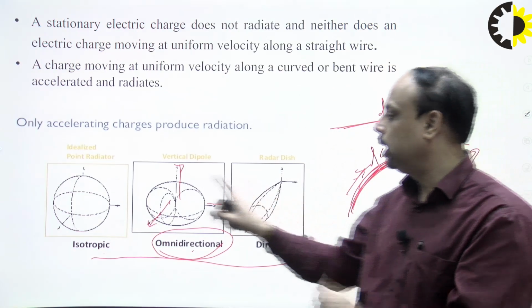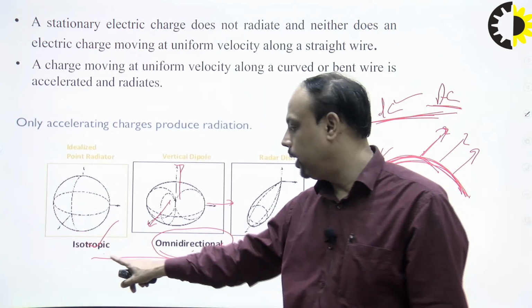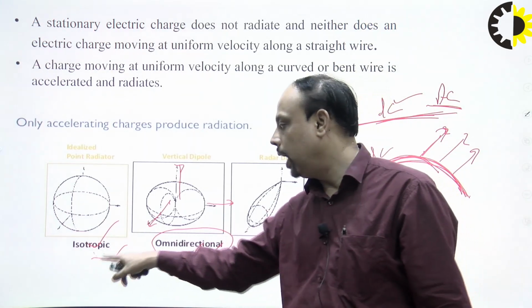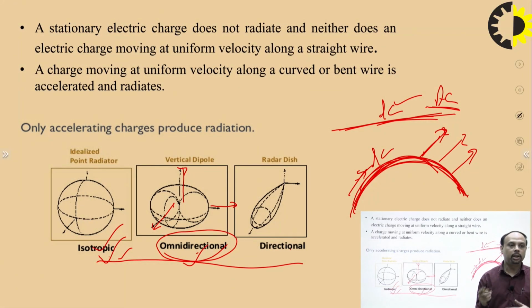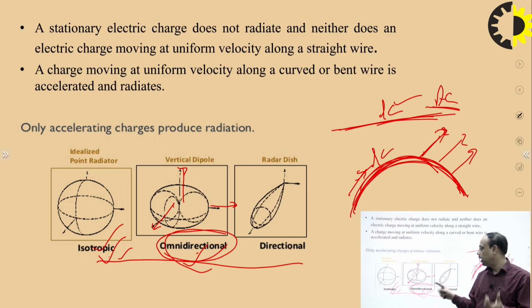If it were uniform in the z direction, it would become an isotropic antenna. So that is the difference: in isotropic radiation, the radiation makes a sphere, while in an omnidirectional antenna, it makes a donut-type structure in the radiating plane, the xy plane, and there is no radiation along the perpendicular axis.